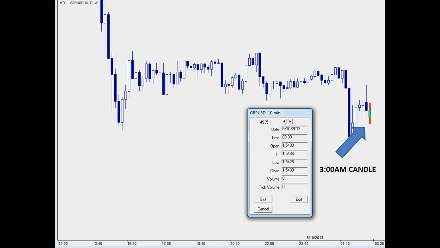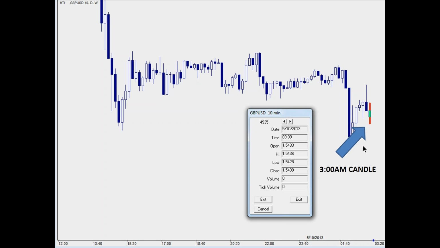Here's an example. This would be Eastern Standard Time, the 3 a.m. candle, which would be 8 a.m. GMT. Once we have that, and the candle closes, meaning that it won't change at all, we place our entries 15 pips above resistance and 15 pips below support.